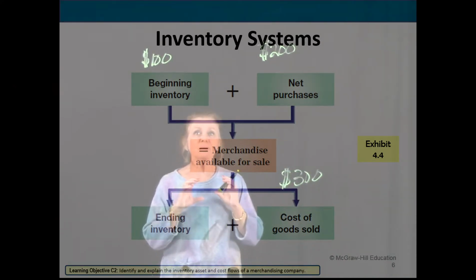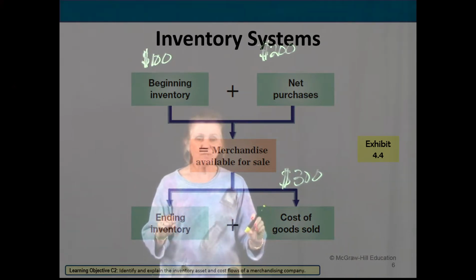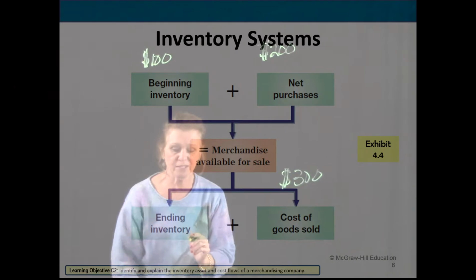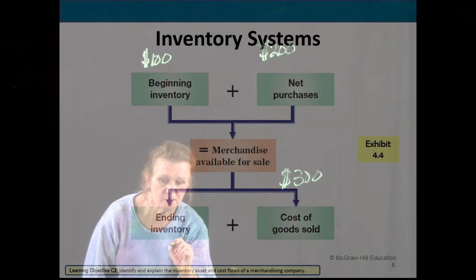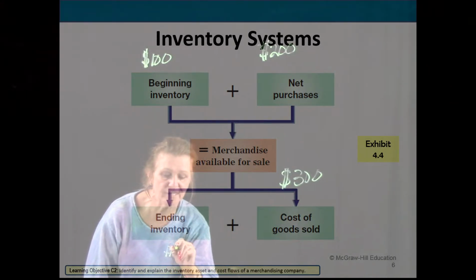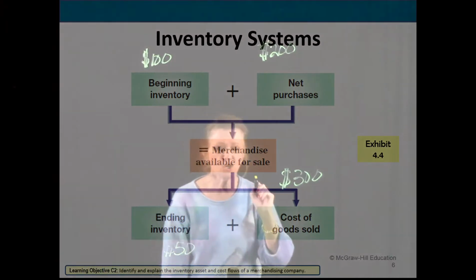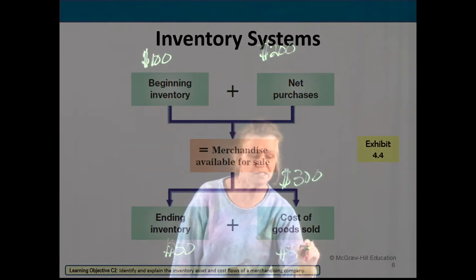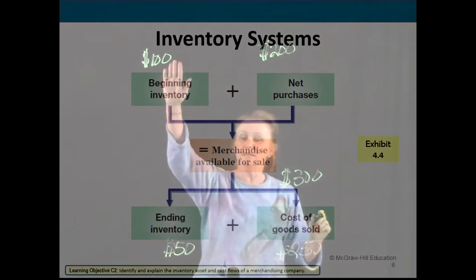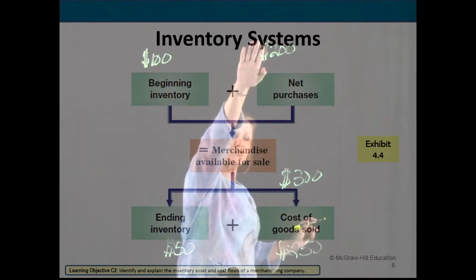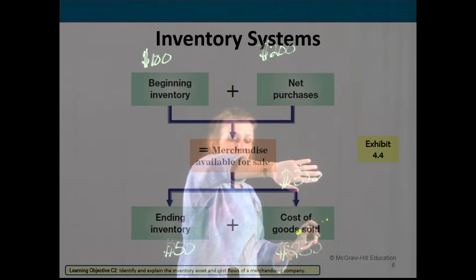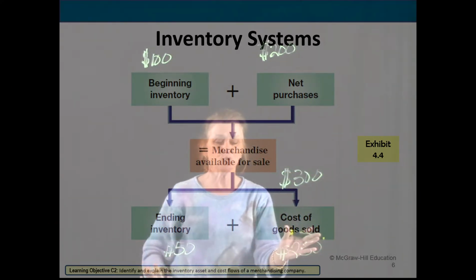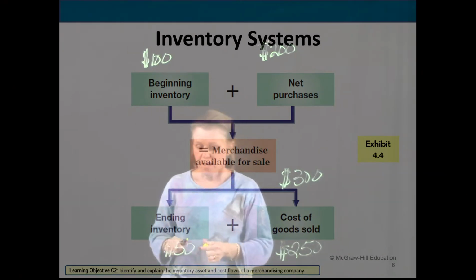At the end of the month, or at the end of the accounting period, this $300 is either going to be accounted for in your ending inventory. So we're going to say our ending inventory is $50, and the cost of that inventory that we sold was $250. So beginning inventory, add purchases, total merchandise available for sale, and at the end of the accounting period, it either is an ending inventory or cost of goods sold.